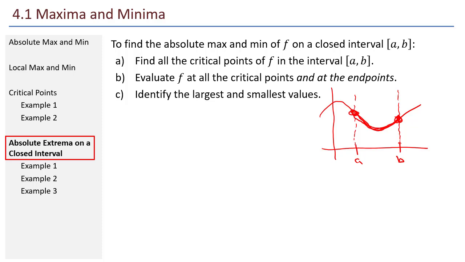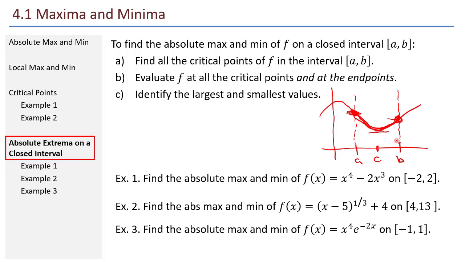So where can the absolute max and min occur? Well, they can occur at critical points, or they can occur at endpoints. So I find the critical points, I find the endpoints, I plug those points into the function, and I find the highest and lowest values. We'll go through 3 examples, and we'll just do them one at a time.